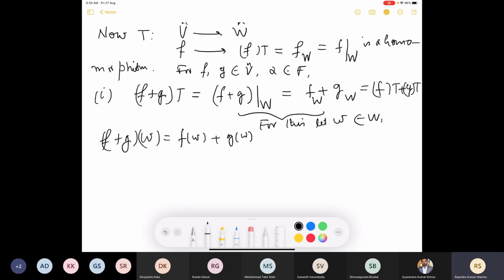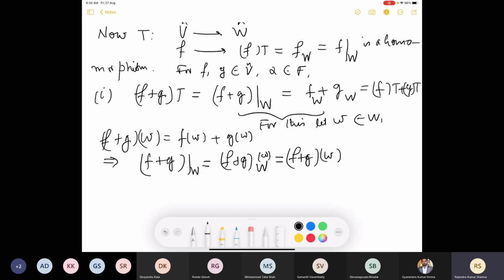So when you restrict f plus g to W, this is the same as f(w) plus g(w).